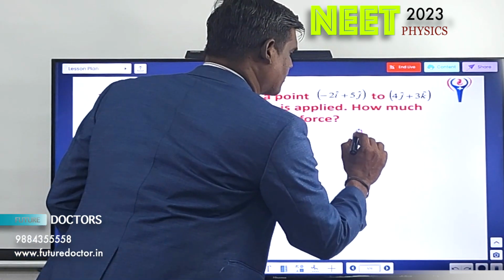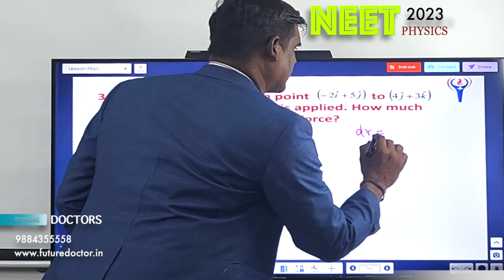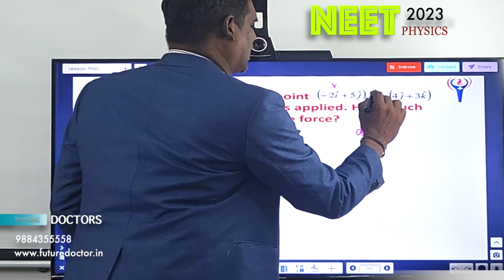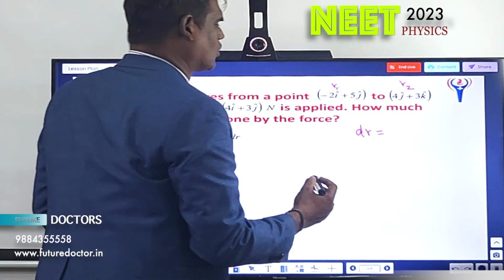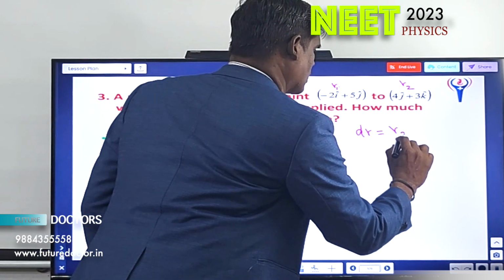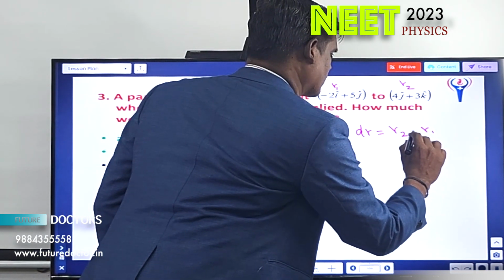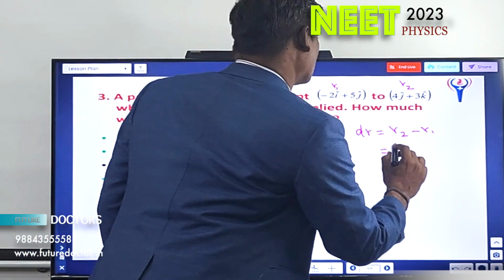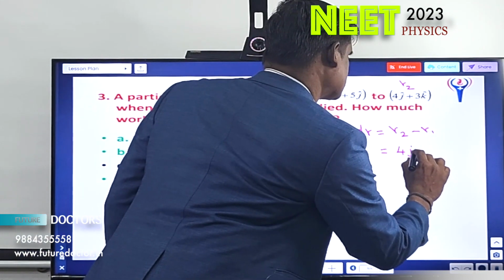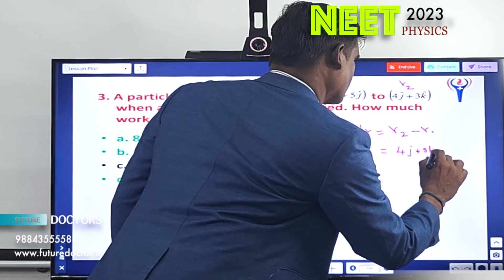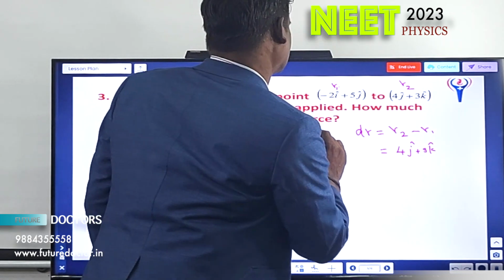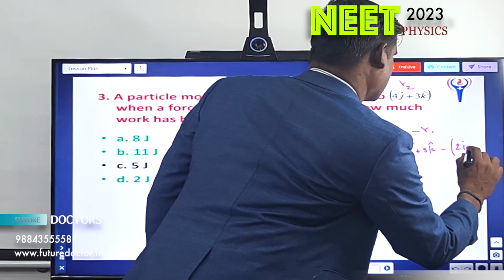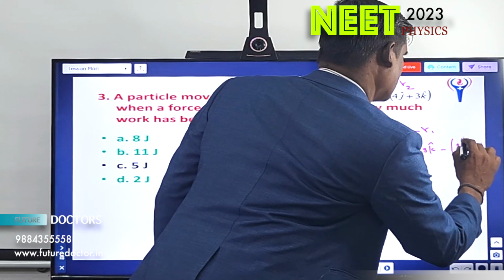So first you separately find dr. dr equal to the difference of these. Suppose you keep this as R1 and this as R2, then R2 minus R1 is dr. Then substitute: R2 is 4j cap plus 3k cap minus R1, that is minus 2i cap plus 5j cap.